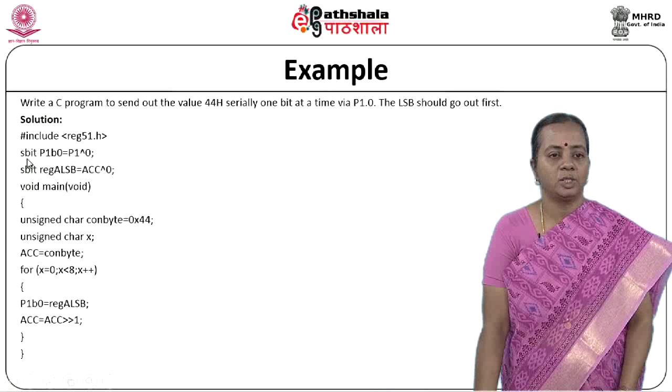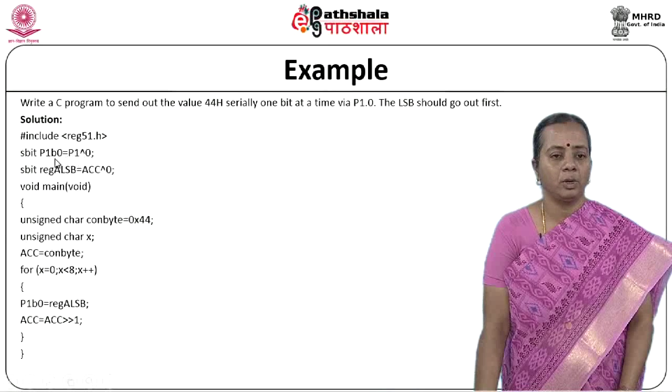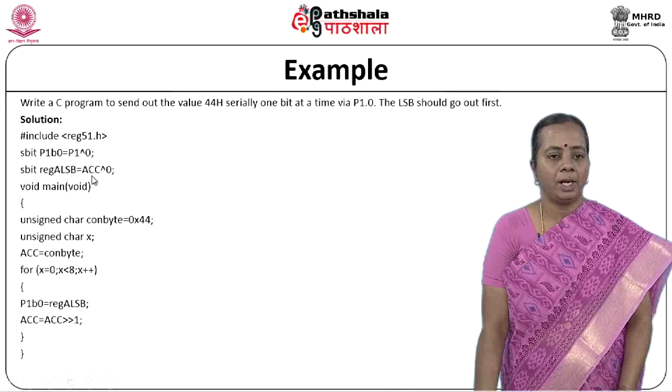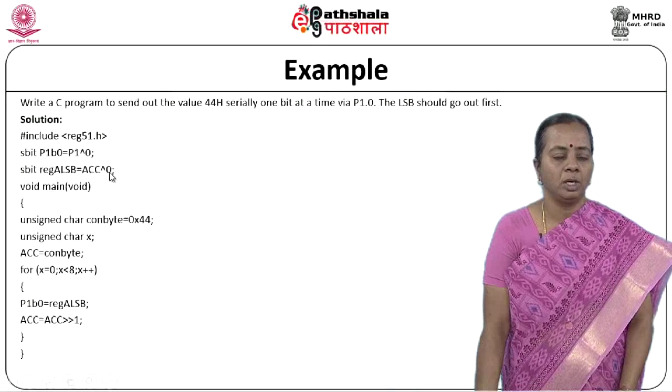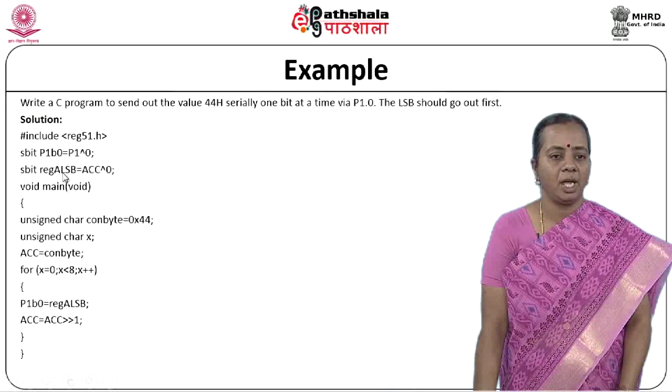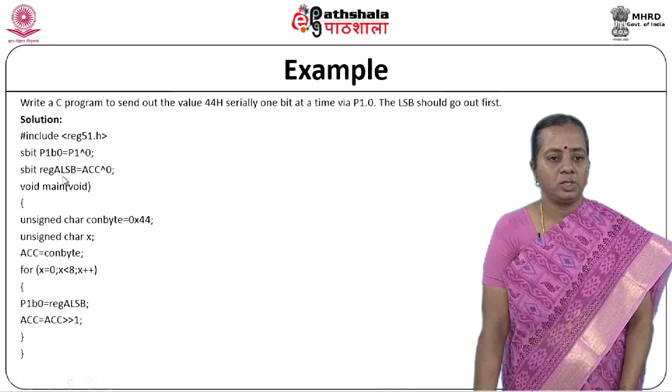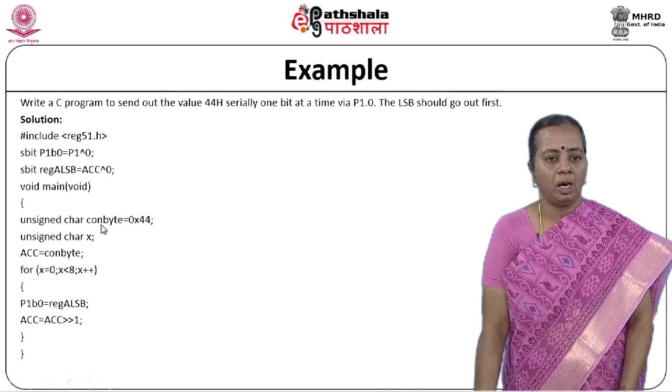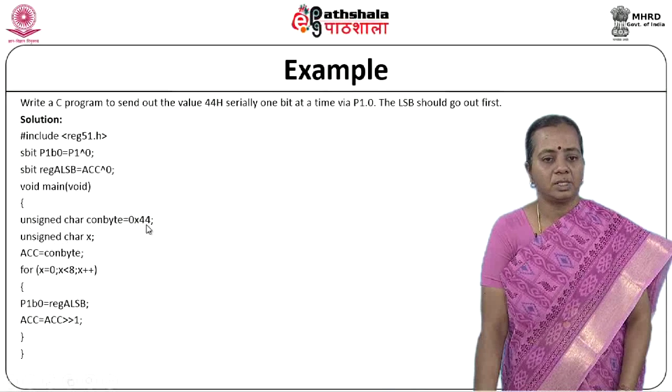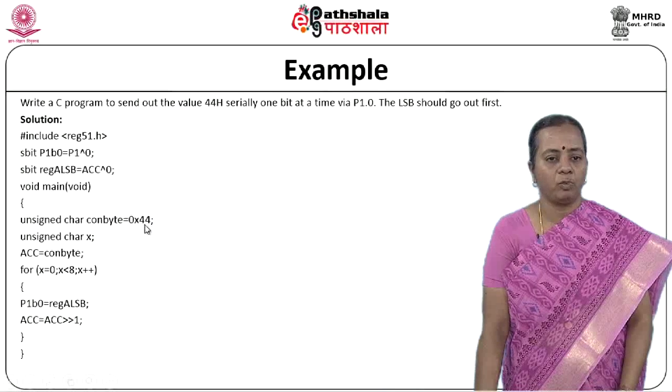You just see that S bit of P1.0 is given as this variable name, and the accumulator register's 0th pin is given as REGA LSB, and these two variable names are declared because readability is also good. Now I have given the data as 0x44 hexadecimal, which is given to con byte.